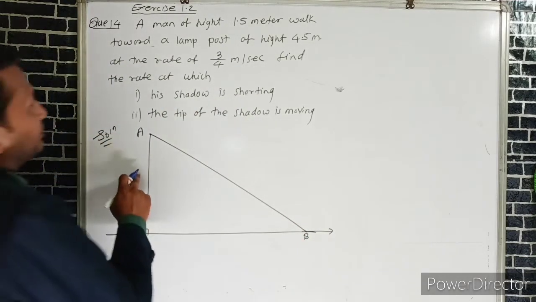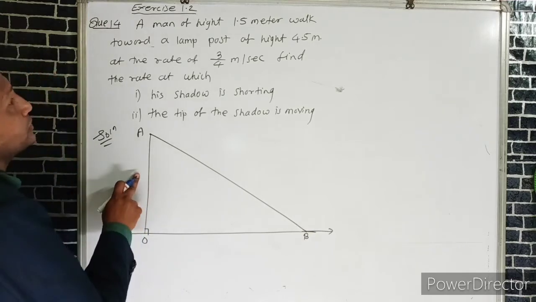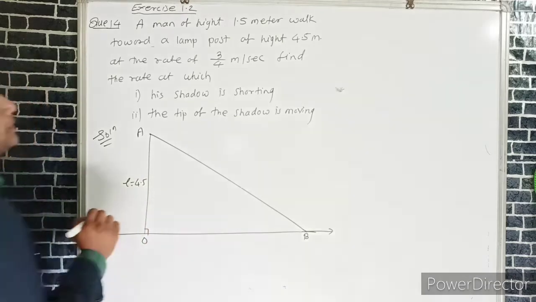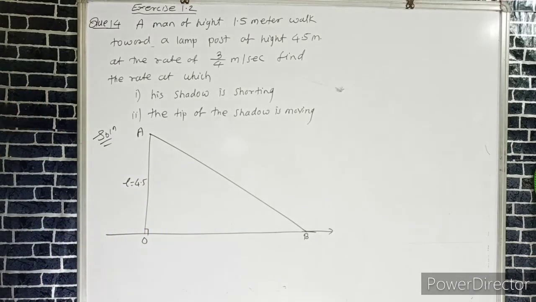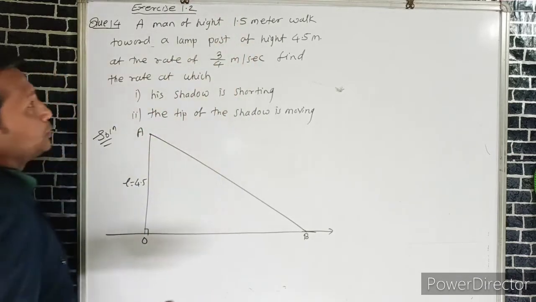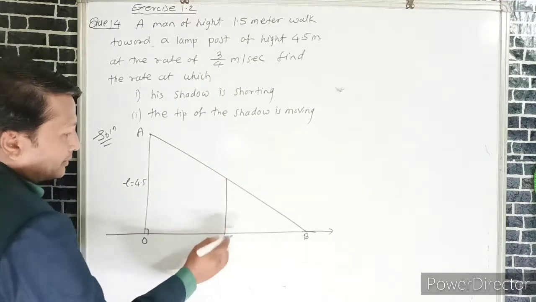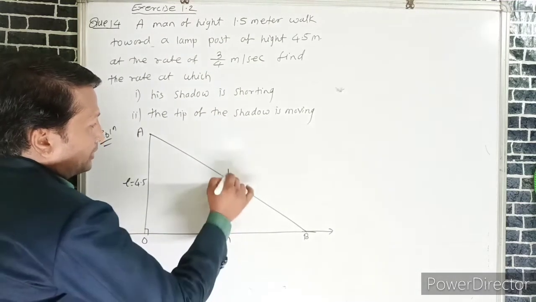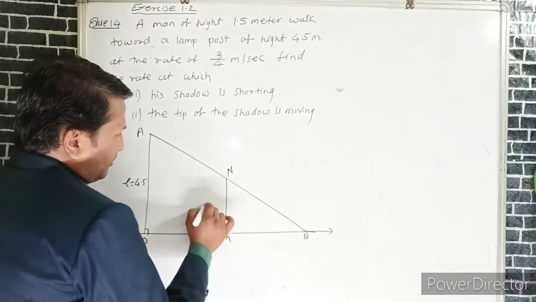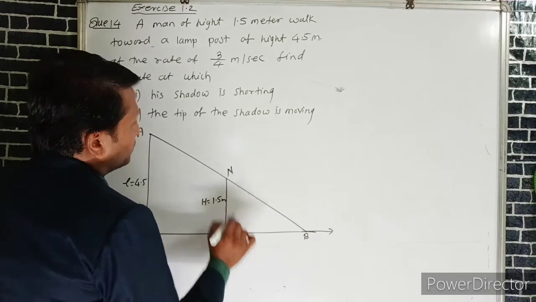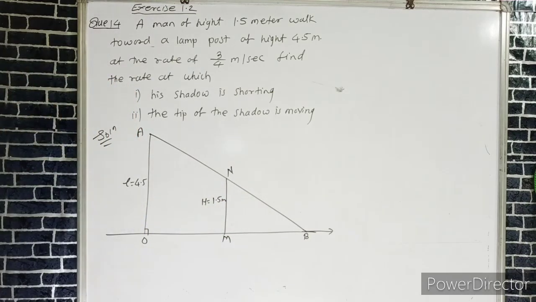The height of the lamp post, we consider that L is equal to 4.5 meter. Again, the height of the man, MN, let H be the height of the man, which is 1.5 meter, as given.